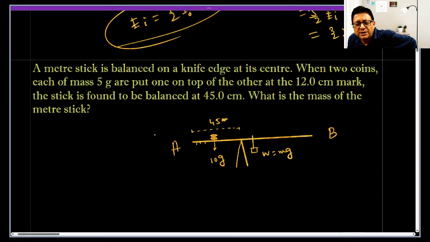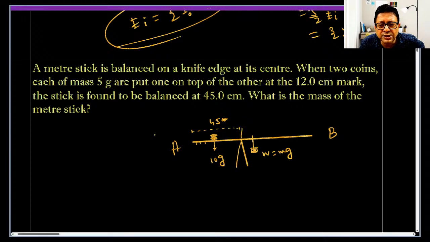Today I am starting this sum, but finally I will be meeting with you again in another session. I will be discussing other types of sum. Just listen to this one. This W equal to mg is the load you have to find. The hinge is kept at 45. How will you find it?